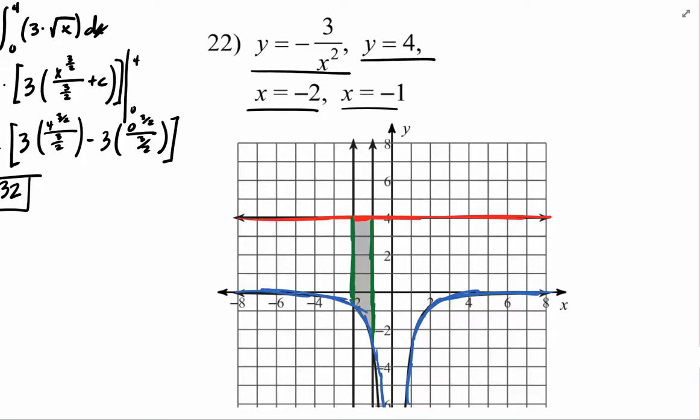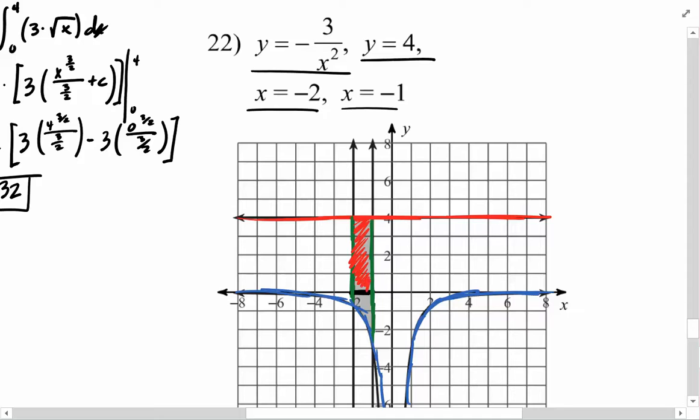Now, the way I think of these problems is that there's kind of this cutoff point on the x-axis, if you will. And what that does is it produces an area above the x-axis. Now, this red area here is quite literally the integral of the upper curve. So the integral from -2 to -1 of the function y equals 4 with respect to x.